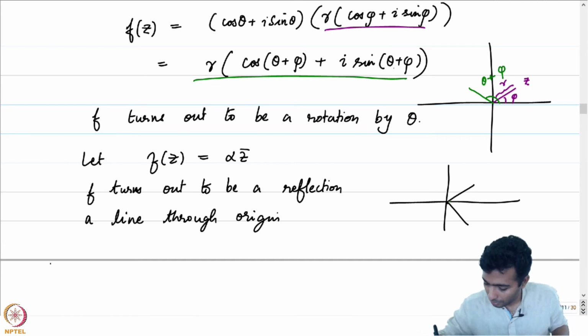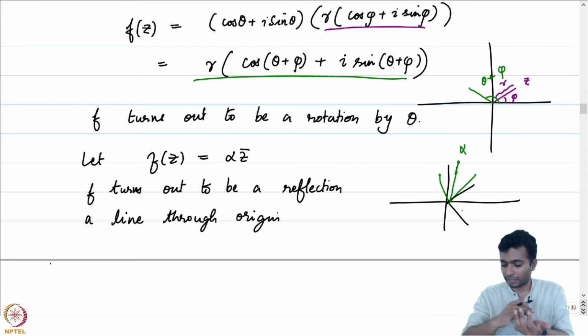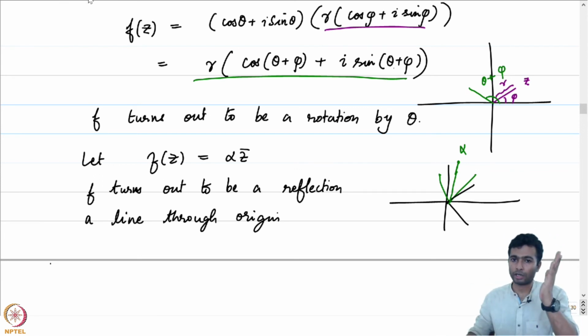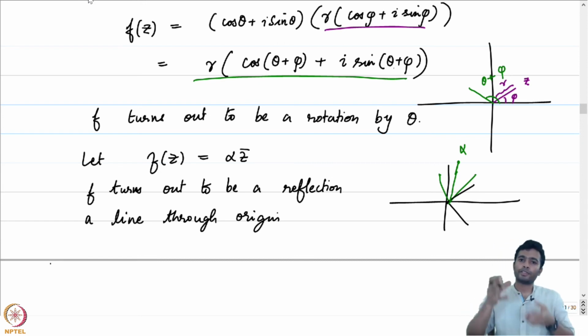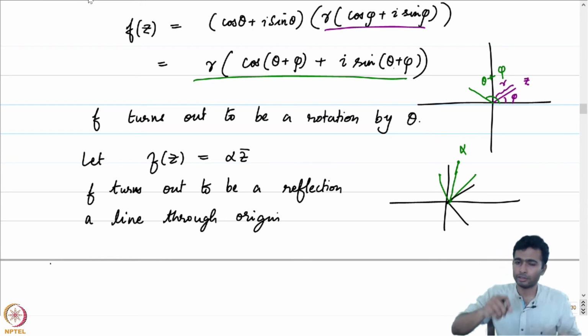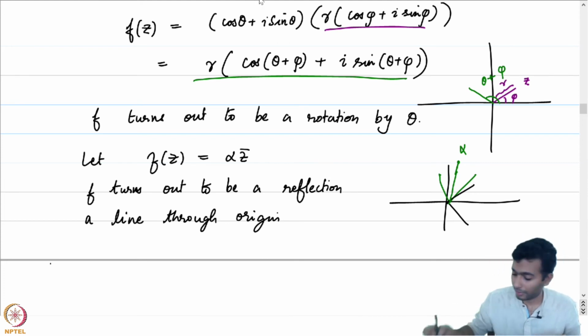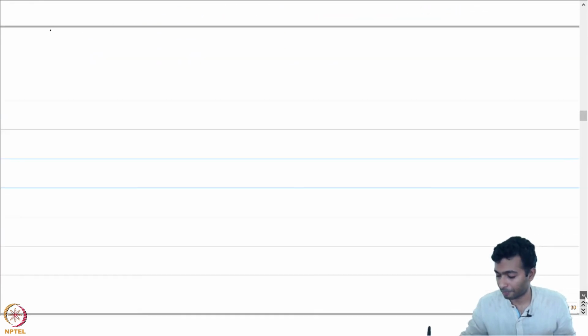If this is our unit vector alpha, everything is going to be rotated by theta when you multiply by alpha, and therefore the reflection will now be along a different line, the line being the one which goes through alpha. Basically what we have concluded is that every isometry which fixes the origin will either be a rotation or a reflection along some particular line. We have given a very complete and concrete description of how the isometries on the complex plane behave.